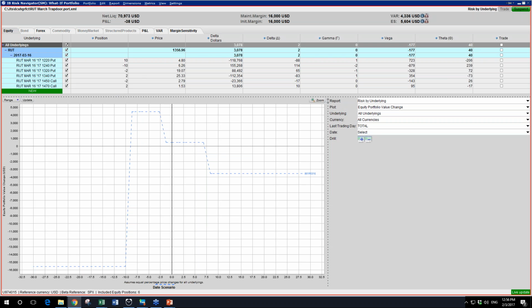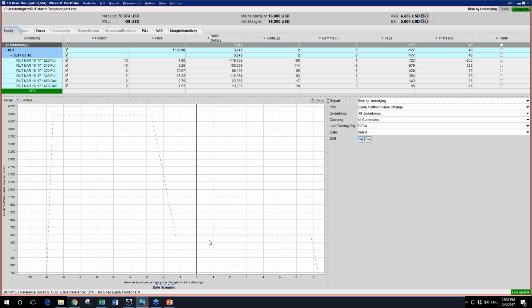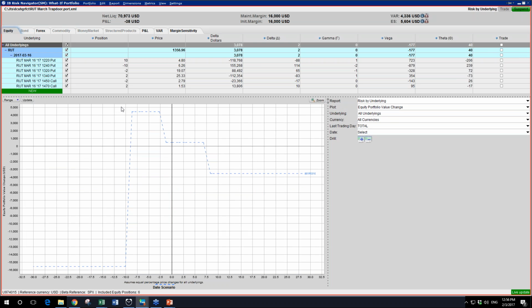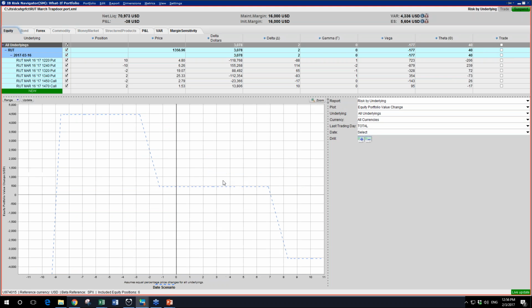Delta dollars was at 1,200, we're now at 3,000, so the market's gone down a little bit and our delta dollars has increased a tiny bit. Profit potential was initially at about 500 on this bit here. We're still around the same, so we've maybe made a tiny bit of money, but generally very uneventful on the trade so far. Our theta's gone up from 38 to 40. Vega's come down a tiny bit, but again, nothing really happening with the trapdoor so far, and I'll keep you guys posted via email on those ones.